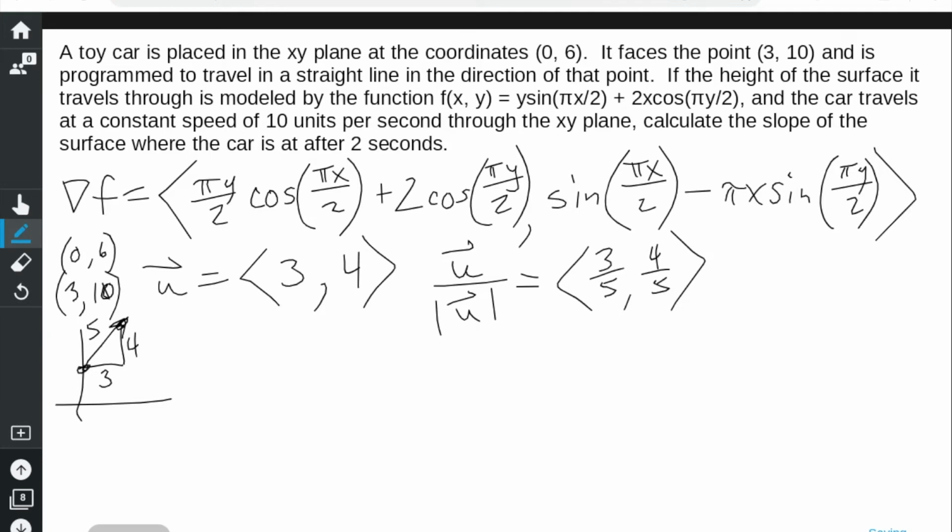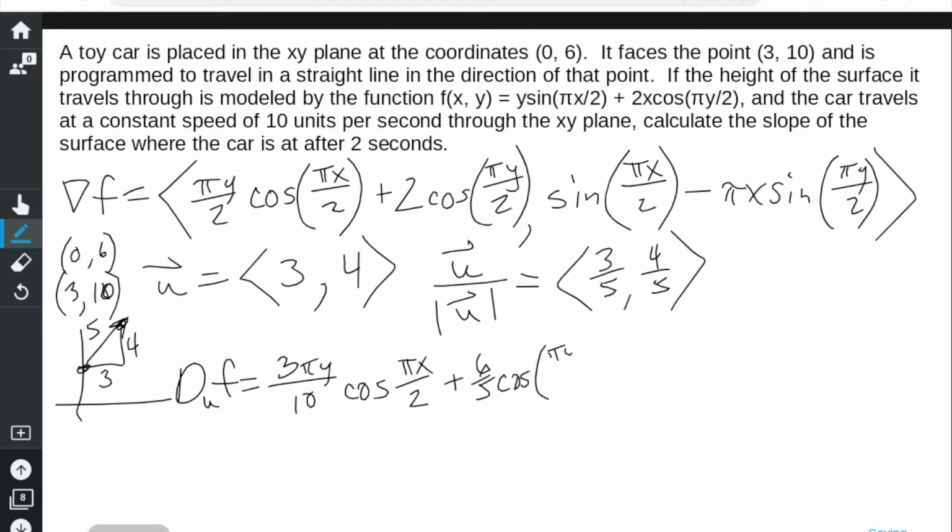All right, now let's find our directional derivative. I'm going to call it d sub u of f. If we do the dot product of our gradient and our unit direction vector, we get 3/5 times pi halves y, so you end up with 3 pi y over 10 cosine pi x over 2, plus 6/5 cosine pi y over 2.